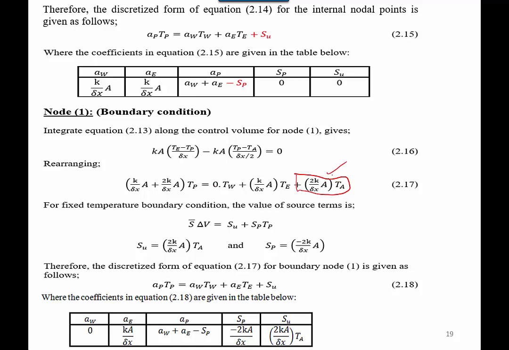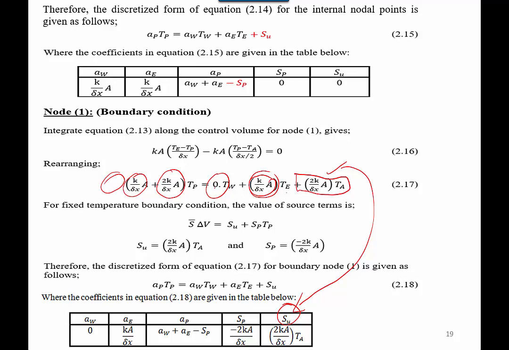This value we will give to SU, and this value doesn't look like any of these, since for the east value there is KA by delta X, and there is no such thing here.